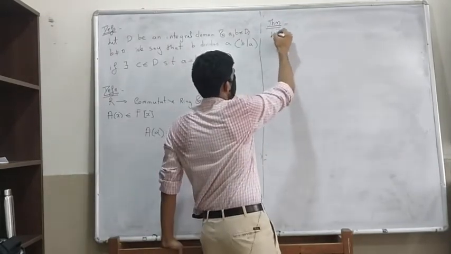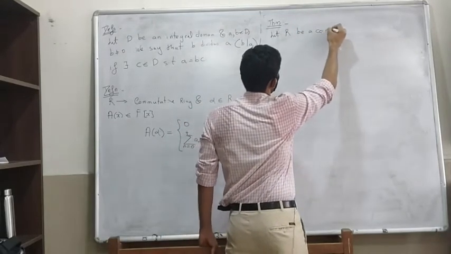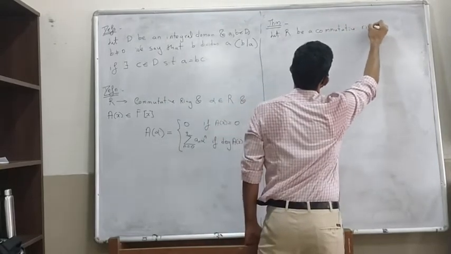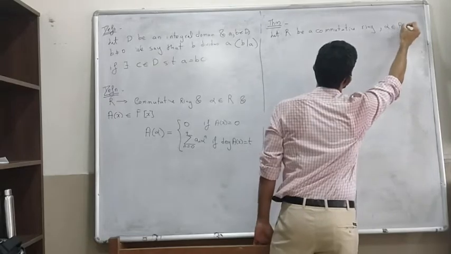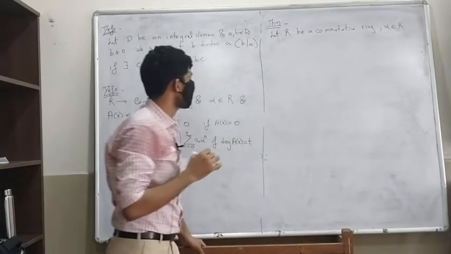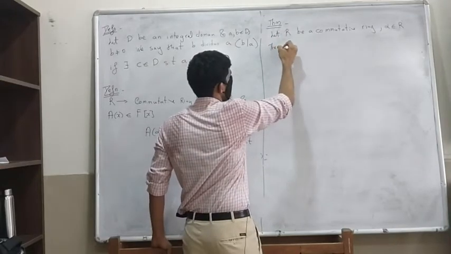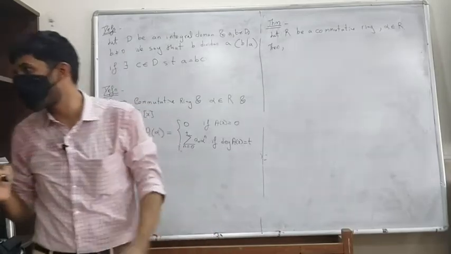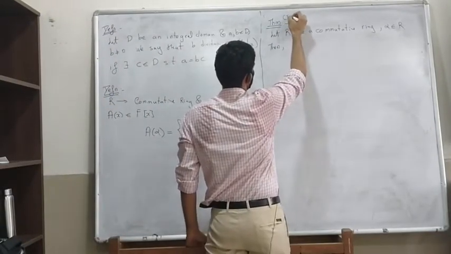So let R be a commutative ring, and alpha belong to R. Then we can talk about this function phi_alpha, which is called the evaluation homomorphism.